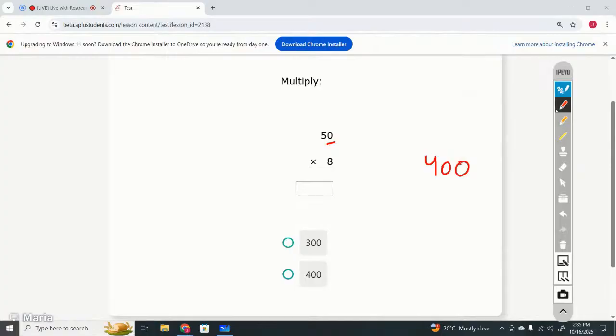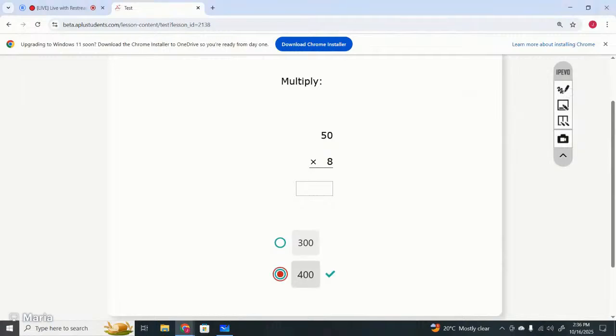The correct option is 400. Option number 2 is the correct.